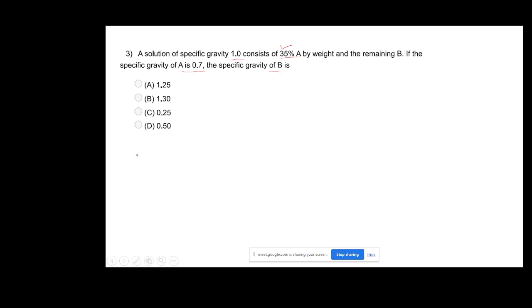To solve this, we have A as 35 weight percent and the rest is B. The total weight percent has to be 100%, so A plus B is 100%. Since A is 35%, the weight percent of B is 100 minus 35, that is 65%. So in the mixture you have 35% A and 65% B.